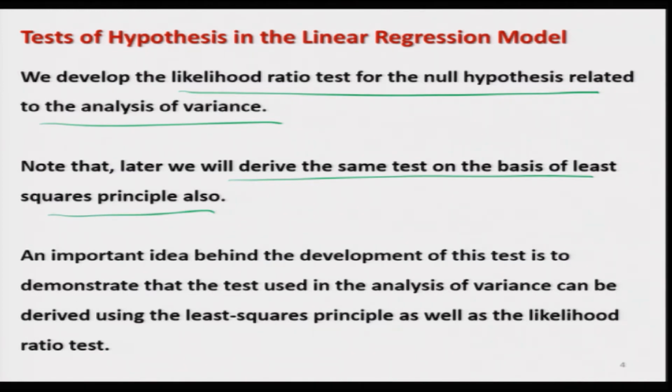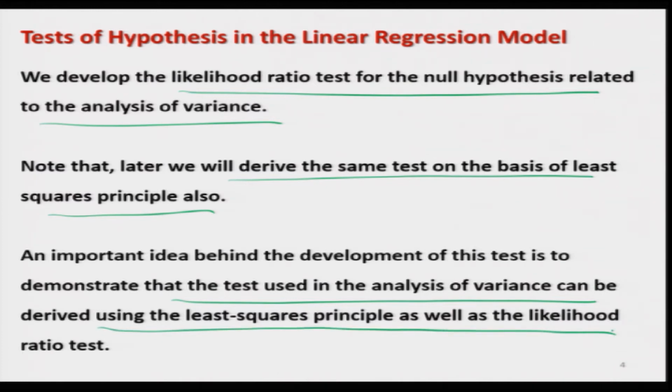As I said earlier, my idea is to find the same thing from two different approaches, so that I can demonstrate that the test used in the analysis of variance can be derived using the least square principle as well as the likelihood ratio test, so that you are more comfortable in the future whenever you have to develop a new test of hypothesis under a new type of conditions.